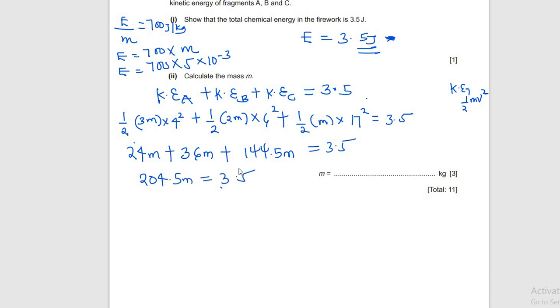The value of m is 3.5 divided by 204.5, which gives 0.017 kg. That's the value of m.